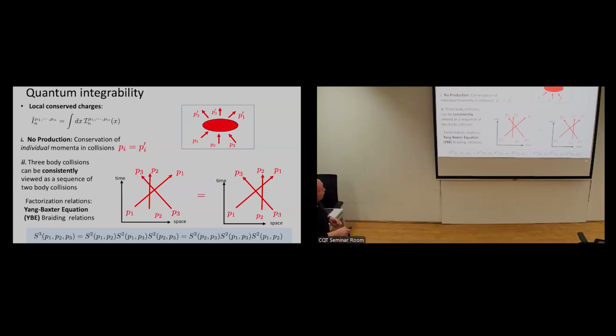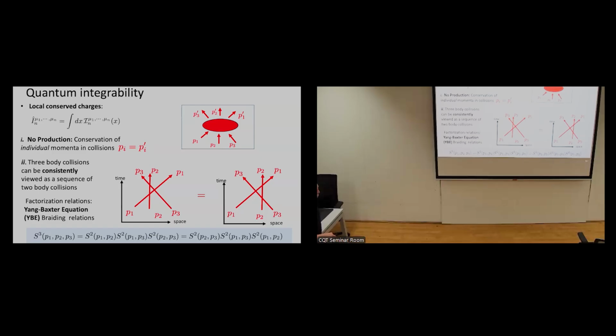However, I will argue that if we have these conservation laws, then we can factorize the scattering of 3 particles into 3 in a consistent way into a series of scatterings of 2 particles into 2. Namely, I will argue that the S-matrices of the scattering, namely the S of the two-body problem, S2, will satisfy this kind of very non-trivial braiding relation called the Yang-Baxter equation.